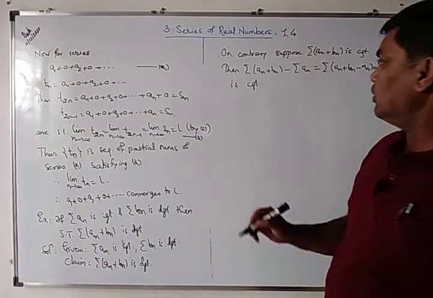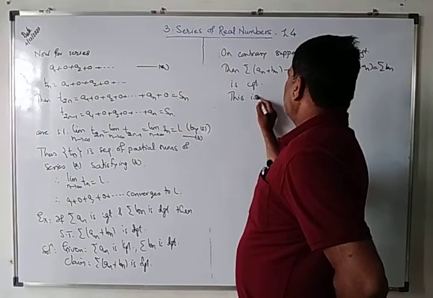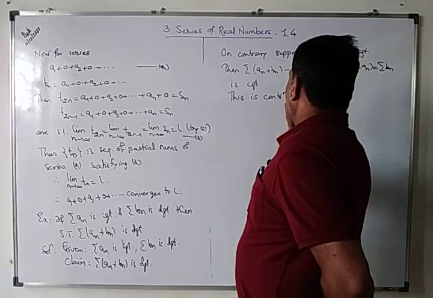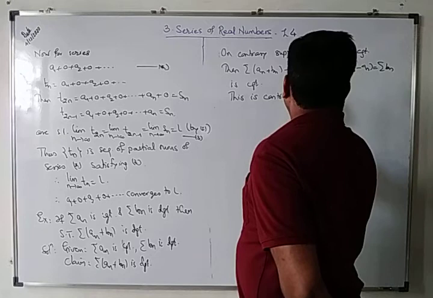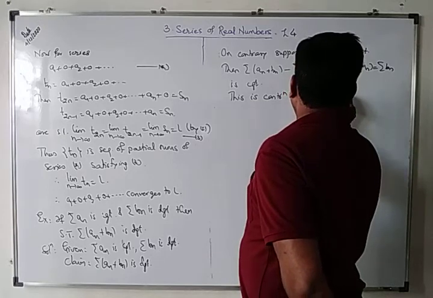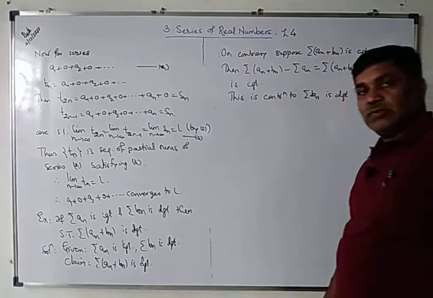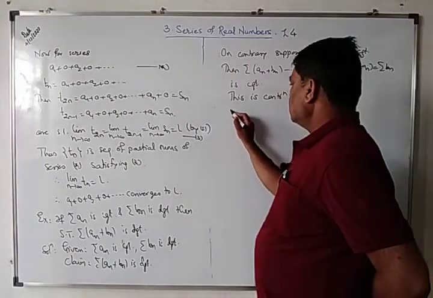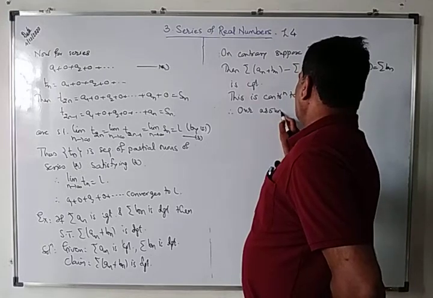This is a contradiction to summation bn being divergent. Therefore, our assumption is wrong.